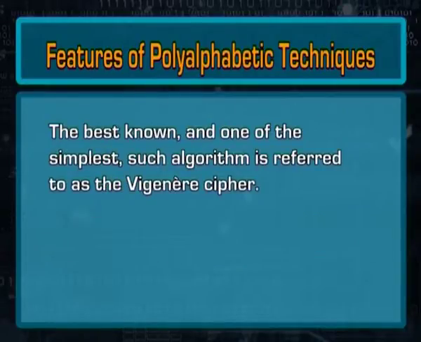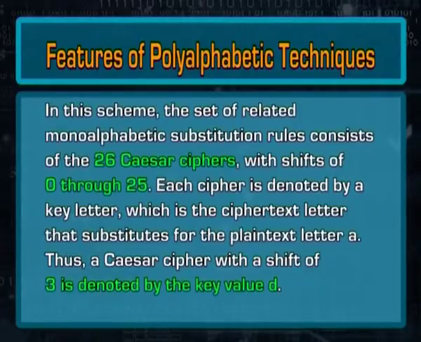The best known and one of the simplest such algorithms is referred to as the Vigenere cipher. In this scheme, the set of related monoalphabetic substitution rules consists of 26 Caesar ciphers with shifts of 0 through 25. It means there are 26 shifts.